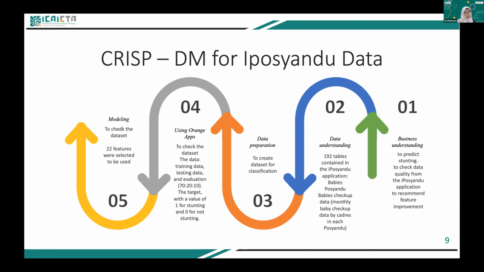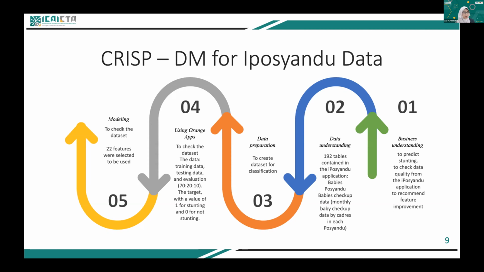In data understanding, we have 192 tables contained in the iPosyandu application. There are 5 major tables that we have to use in the machine learning project: the baby's data, the posyandu data as well, and the monthly examination or check-up data input by the cadre in each posyandu.